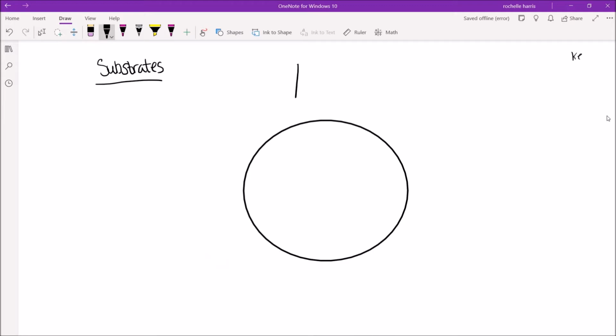Up here, I write a quick little key: C, I, A, S, S, Fu, Mal, and O. This will help me remember the substrates.